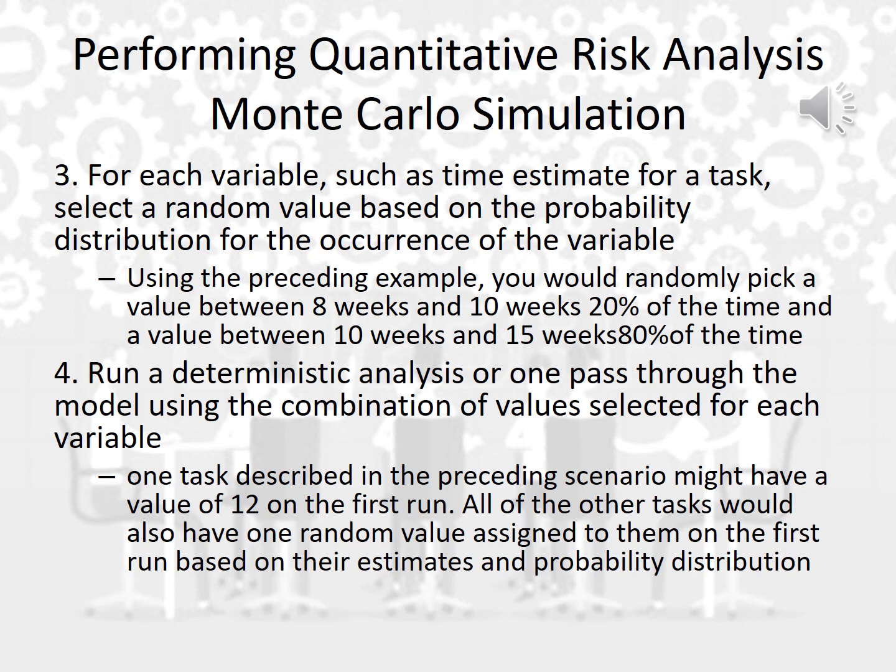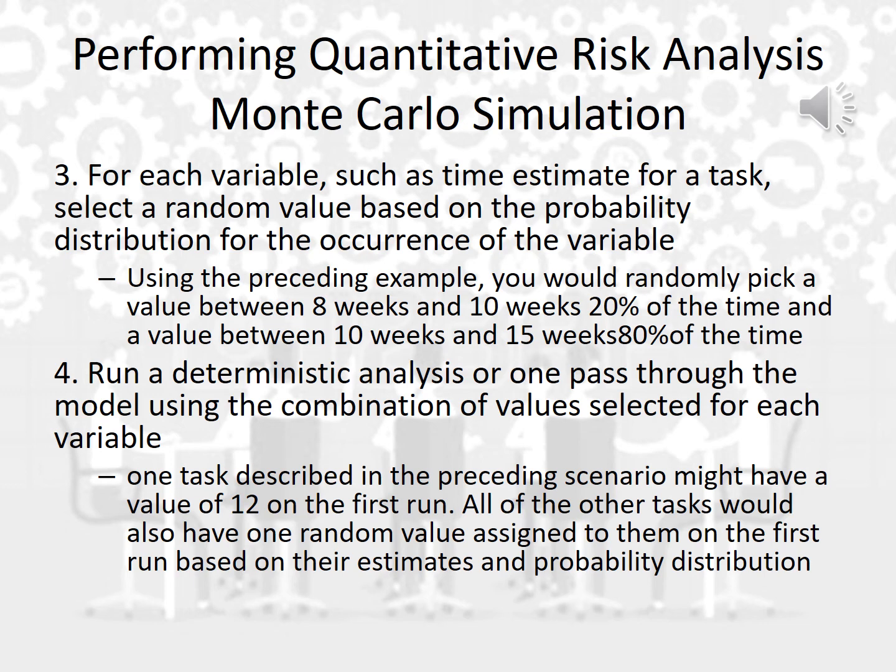That means if the task is finished between more than week 10 and week 15, let's say week 11, 12, 13, 14, or 15, it will still be counted as the probability of the 80%. So I need to run that model twice, once for the 20%, once for the 80%.